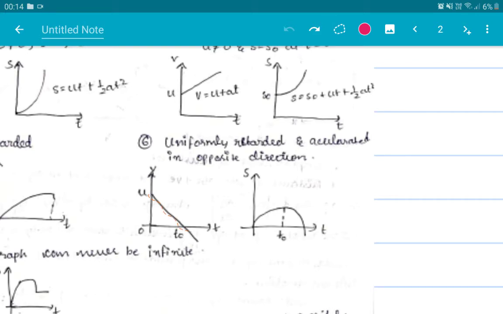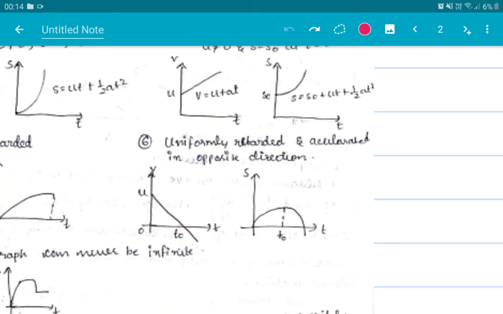If there is a straight line, then it represents equal amounts in equal intervals of time, either distance or acceleration, anything. Then it is getting retarded. Why is it getting retarded? It represents a retarded motion because the line is moving downwards, like it started from the maximum and reaches the minimum, the 0 point on the x-axis. That is why it represents a retarded motion.